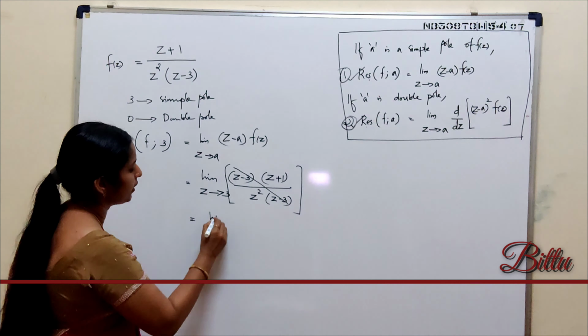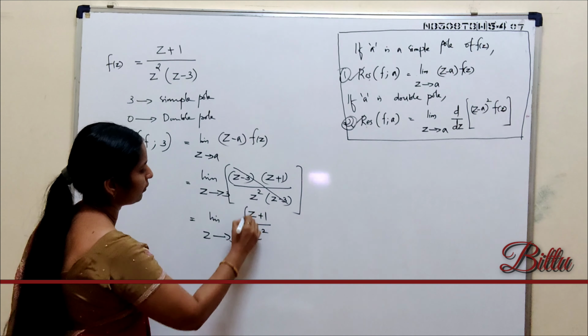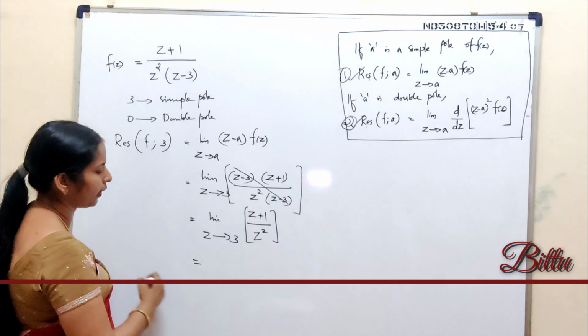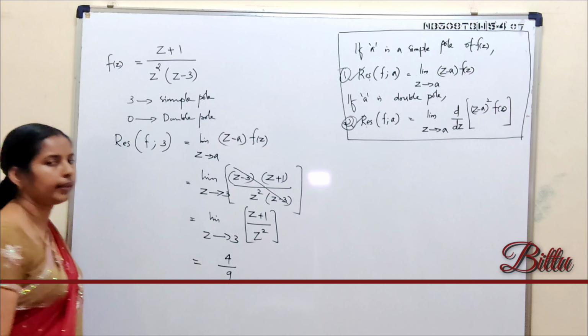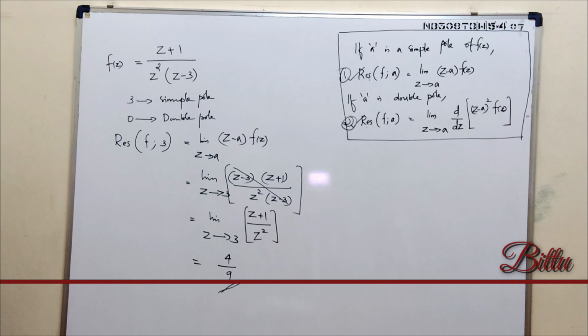So it is limit as z tends to 3 of (z plus 1) by z square. You put z equal to 3. You can see the numerator is 4 and the denominator is 9. And this is the residue of the given function at 3.